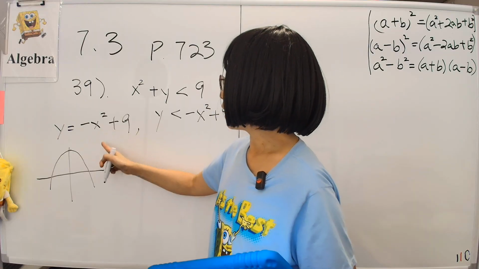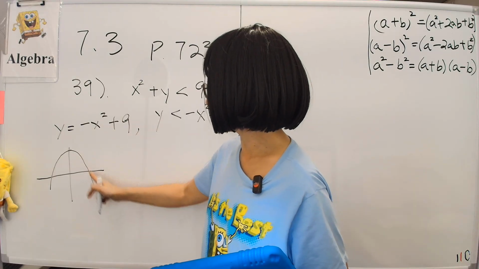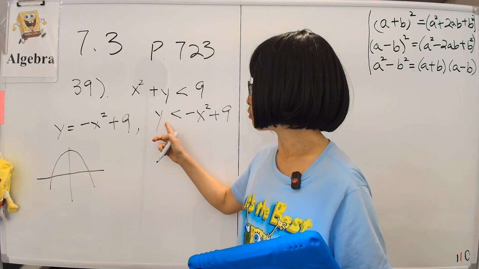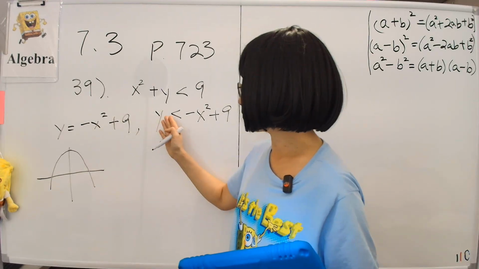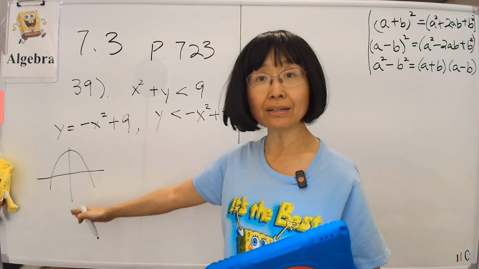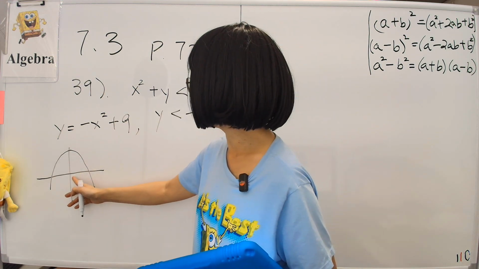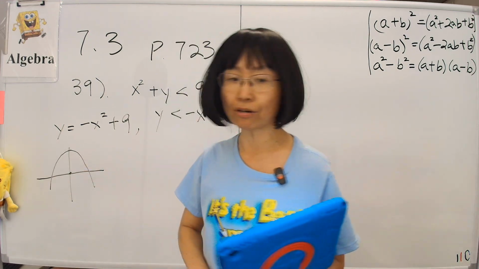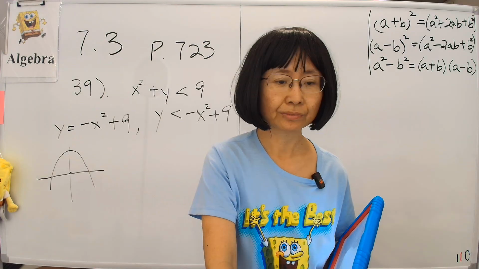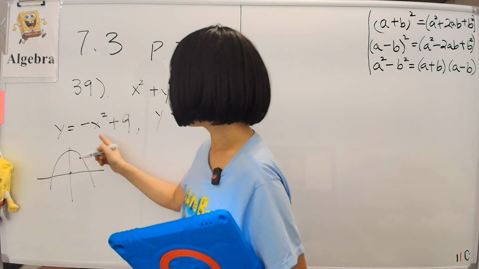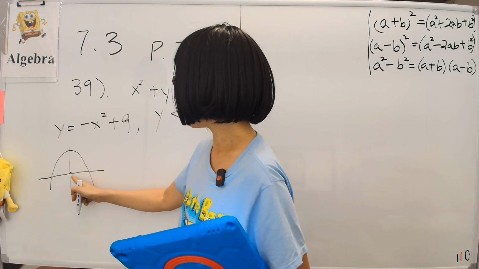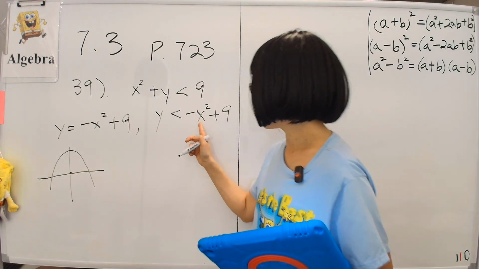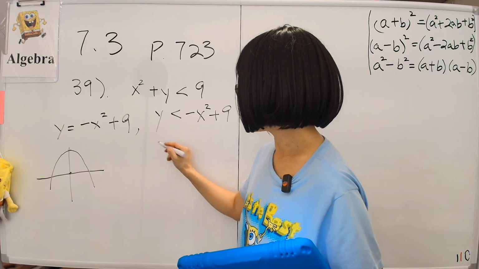So this is y equals the stuff. When is y less than? Most of the time, if you say y is less than, it will be under it. But to make sure, let's consider the origin, where x is 0 and y is 0. So what happens when x is 0? y is also 0.